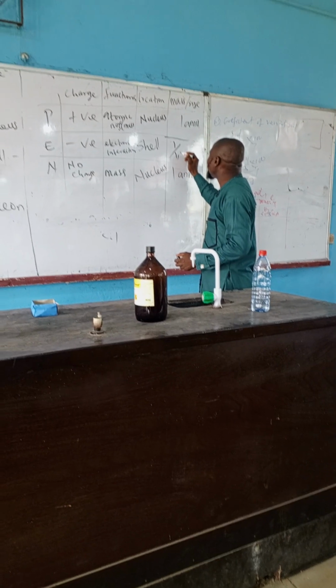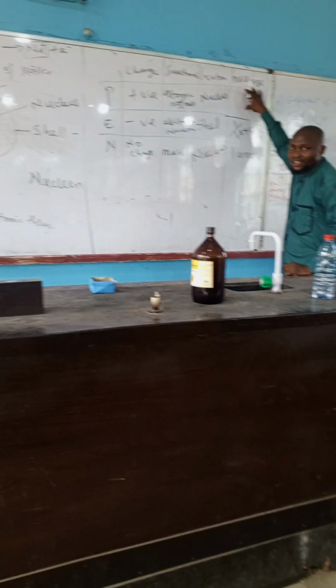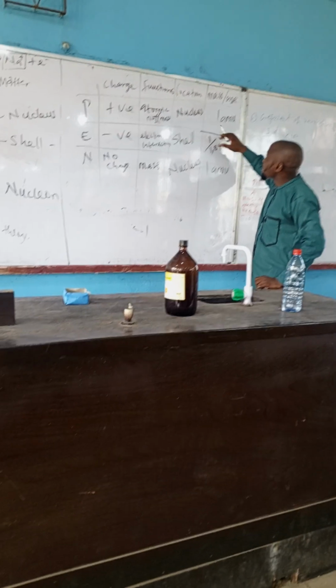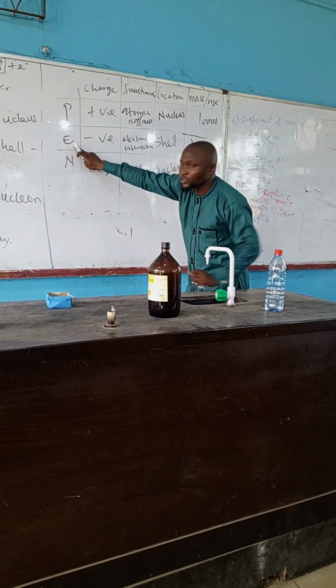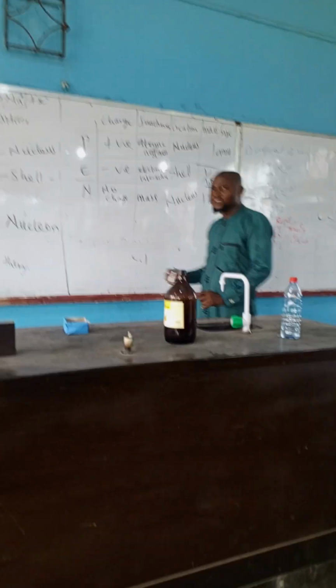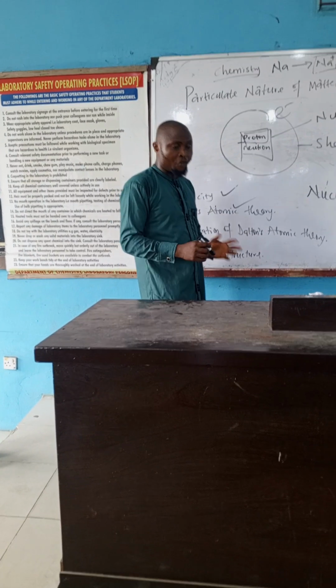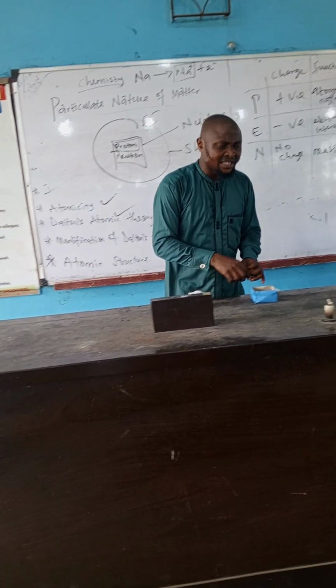To the atom, it is 1 divided by 1,840. To get how much of these electrons will be equivalent to this, you need about 1,840.